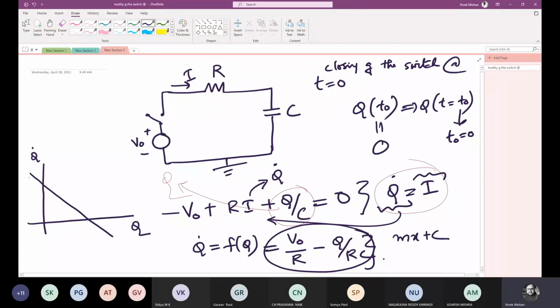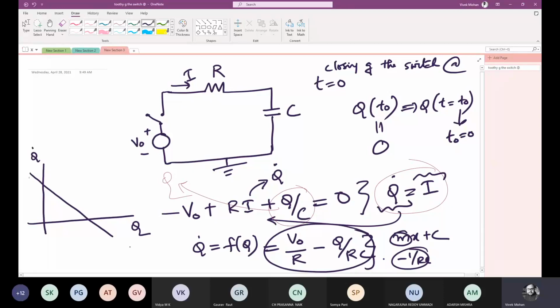But your m is minus 1 by RC, so the slope is negative. So we have a line with a negative slope. This is what we term the phase portrait, q dot versus q. These are the two variables for which we are drawing the plot.